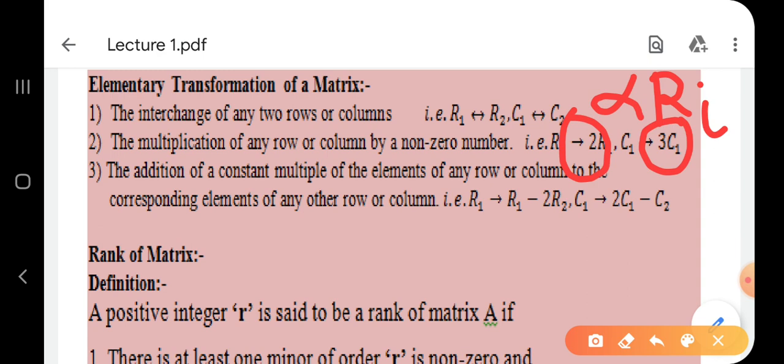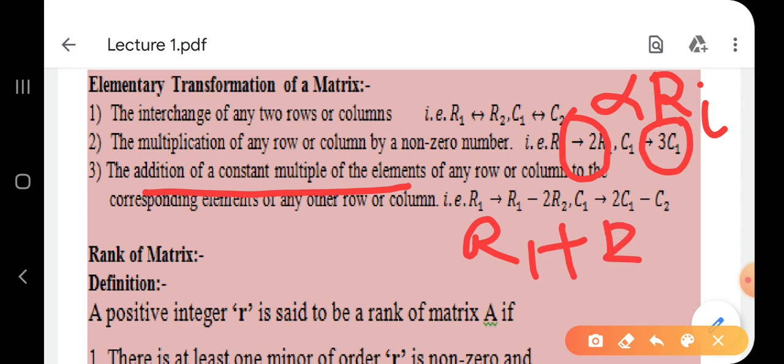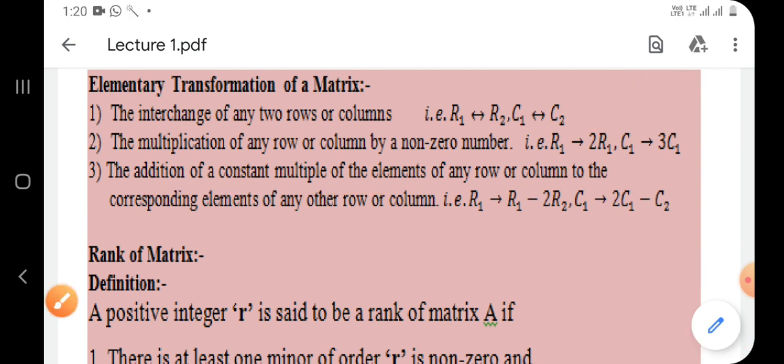Then the third one is we can add multiples of rows, like R1 plus R2, then R1 plus 2R2, like that we can add two rows, right? So these are the elementary row transformations.